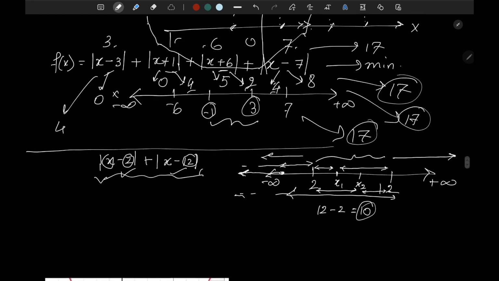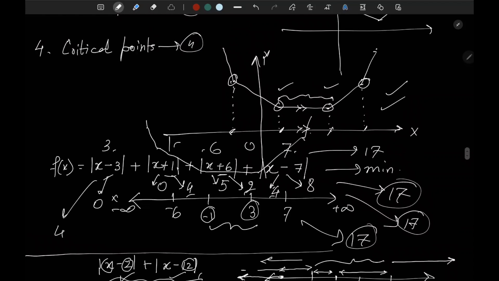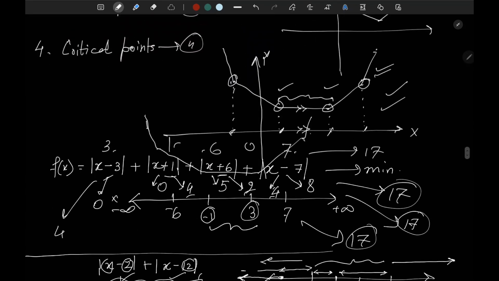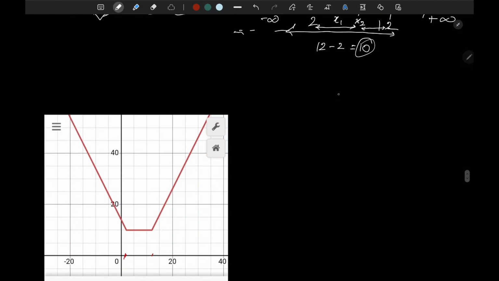Try to go by applying this kind of things, or try to visualize the graph. As an exercise, you can think of some function which has 5 critical points. What kind of graph could we have? We could have a graph that starts with a pointed bottom, because it's a function with an odd number of critical points, right?